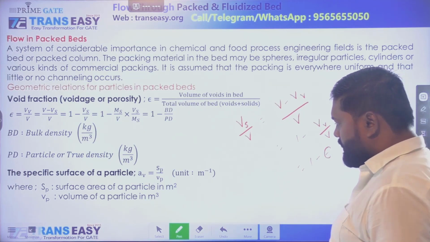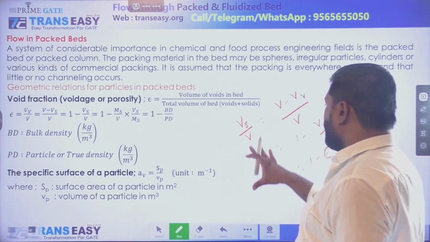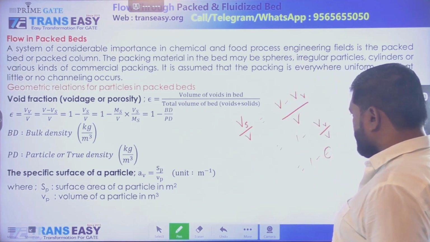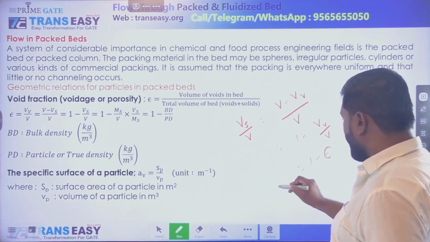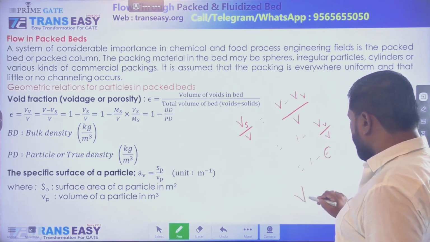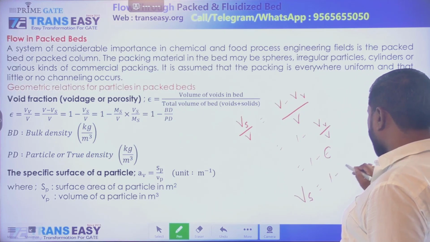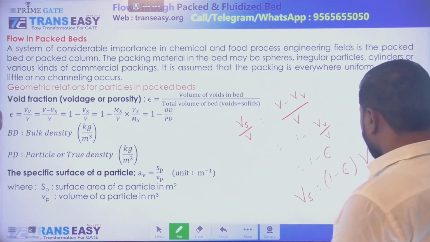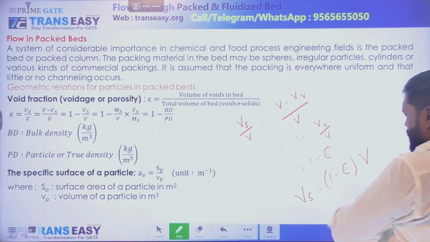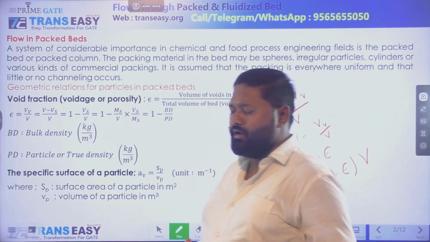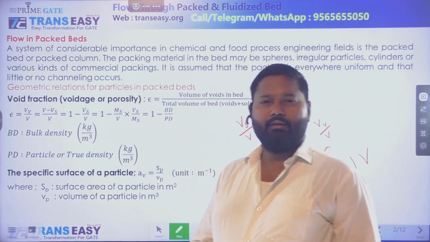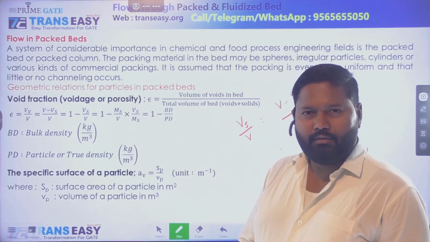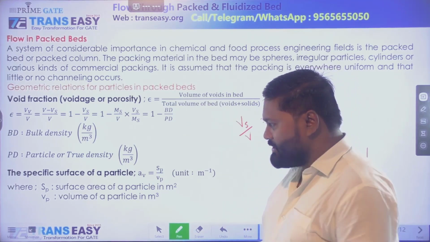Right. So dear students, whenever Vs is required, Vs, the volume of the total solid, is equal to 1 minus epsilon into total volume of the bed. This is the volume of total solids.